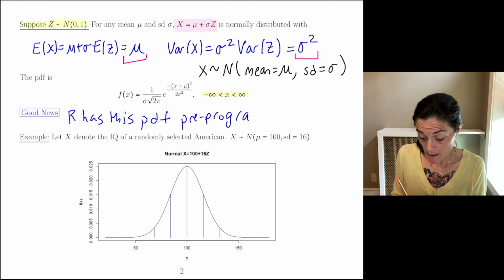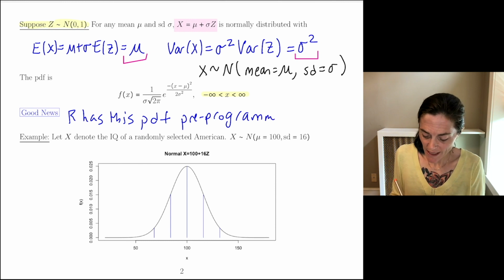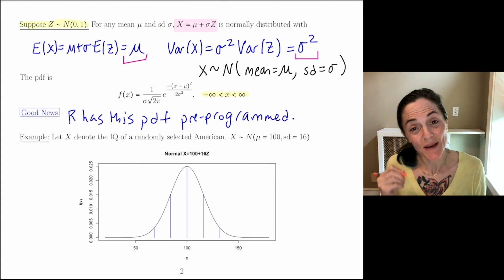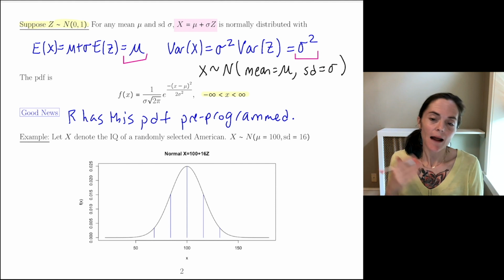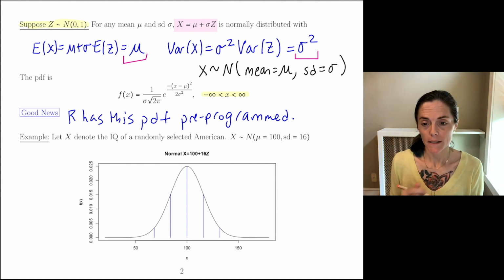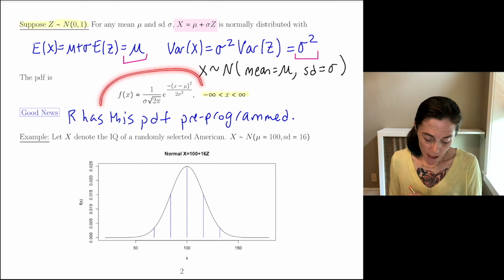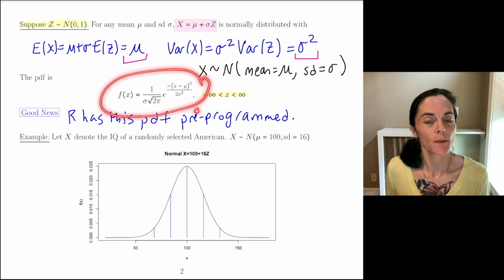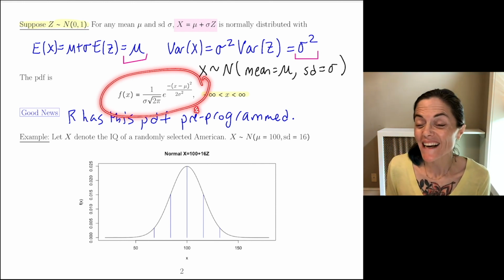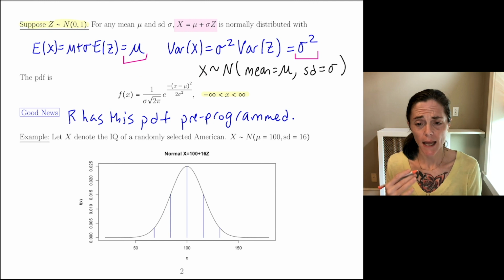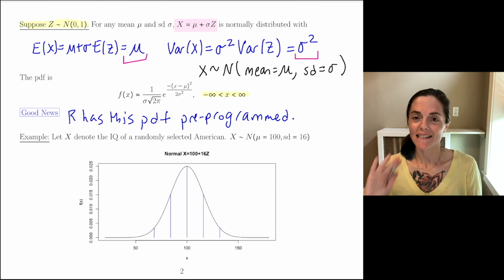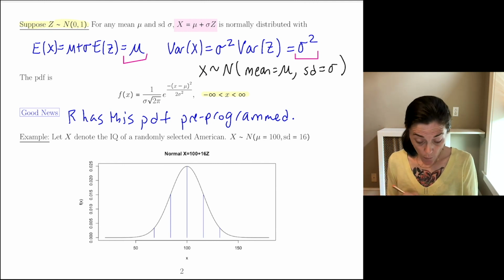So this is built into R. Similarly, the cumulative distribution is pre-programmed, but I'll just mention this at the moment. So I'm not so concerned about this formula for the purposes of this class. What I'm more concerned with is understanding the shape of the probability density function. And here we're looking at it.